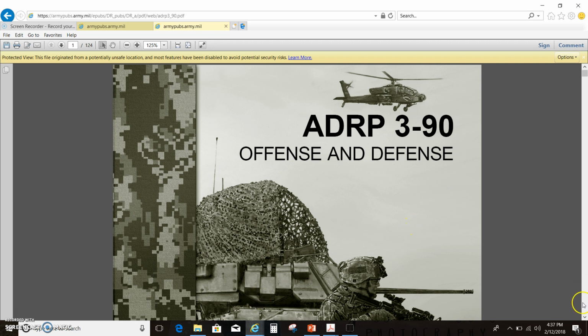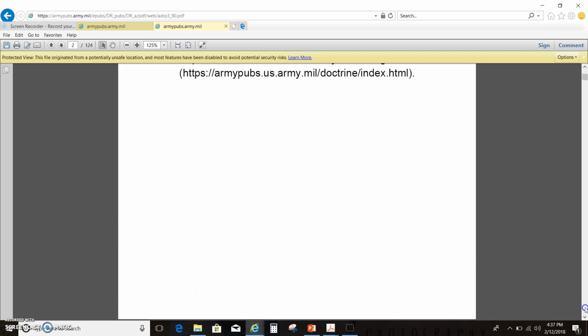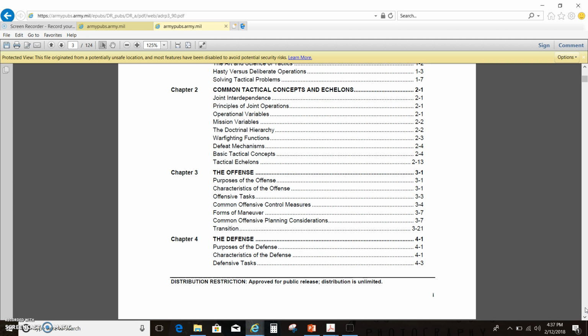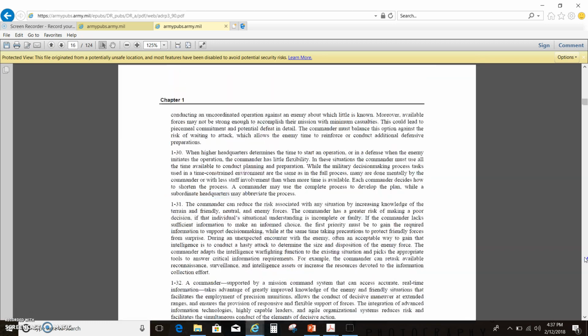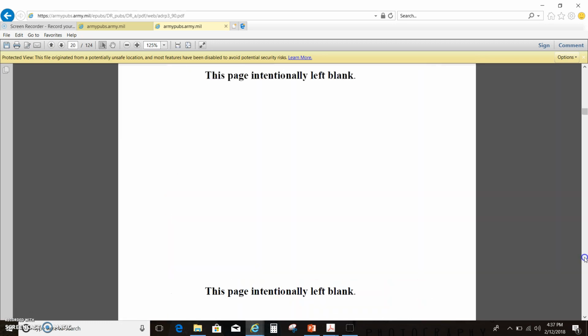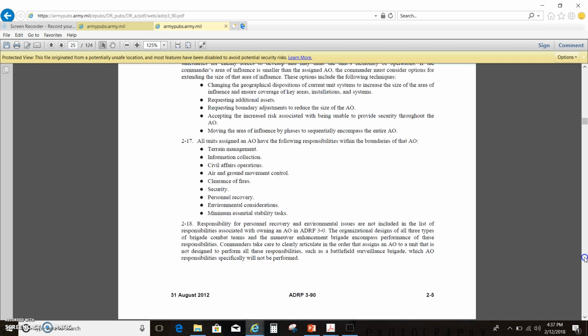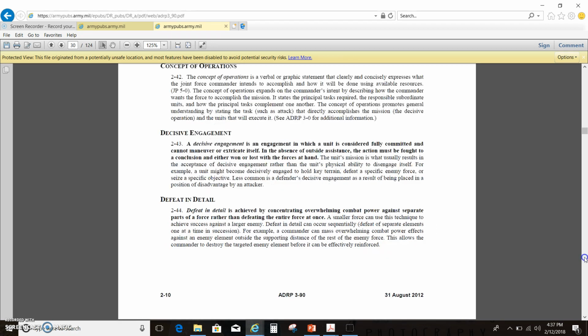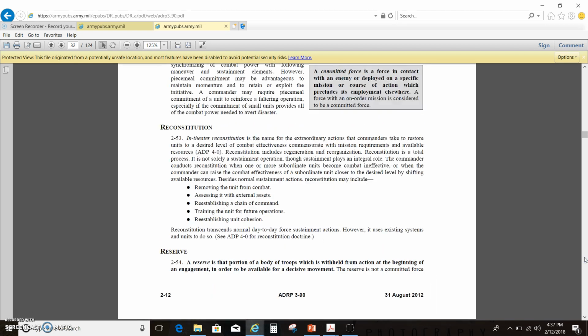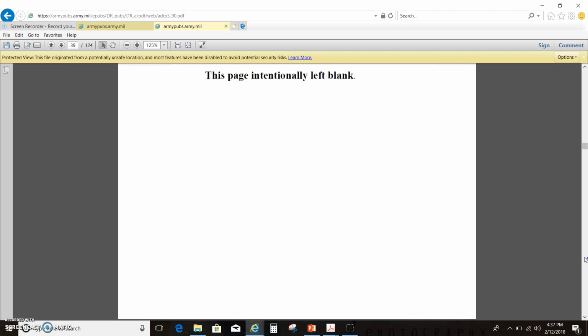And then if you want to know how to do a movement to contact, which is an offensive task, all right, you would go into the field manual 3-90, and it would explain how to actually do a movement to contact and all of the various collective and supporting tasks necessary to be able to do that.